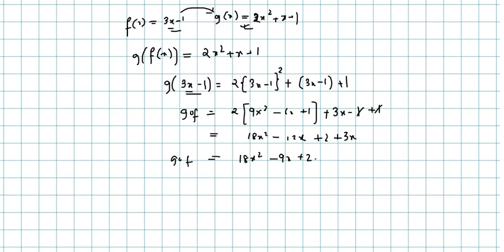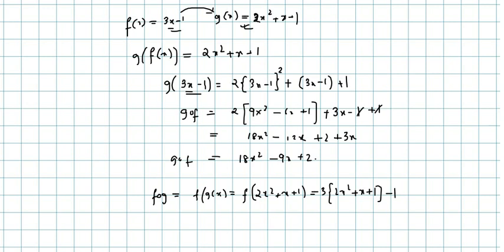Similarly, you can do it for the fog also. In the case of fog, what do you think will be fog? So, fog would be f of g of x. That should give me f of, what is g of x? Let us pass the whole equation like that: 3 times (2x square plus x plus 1) minus 1.